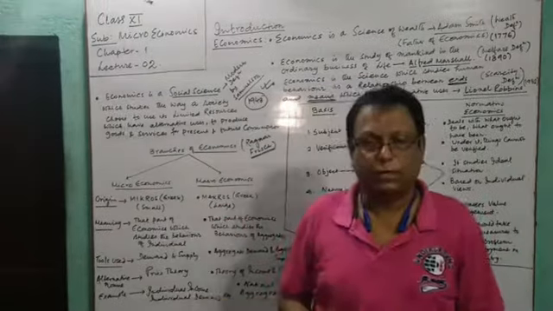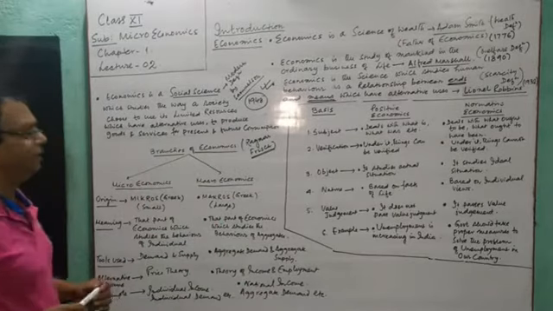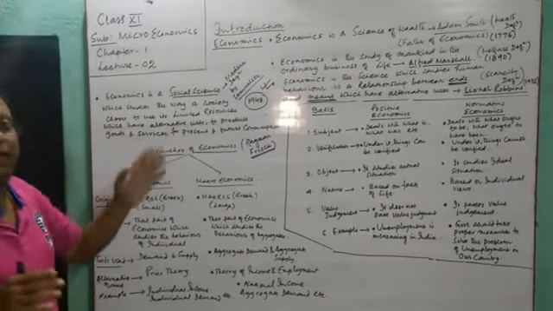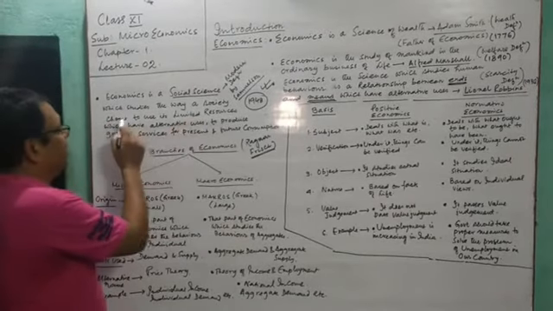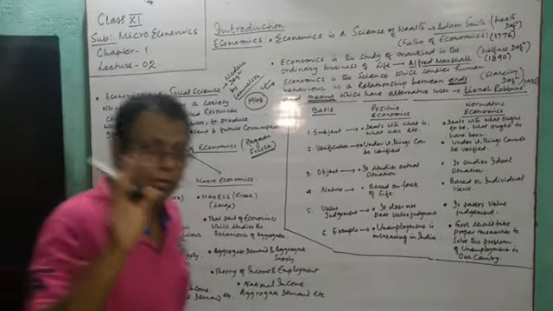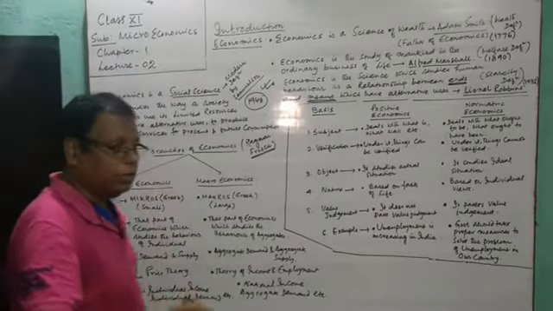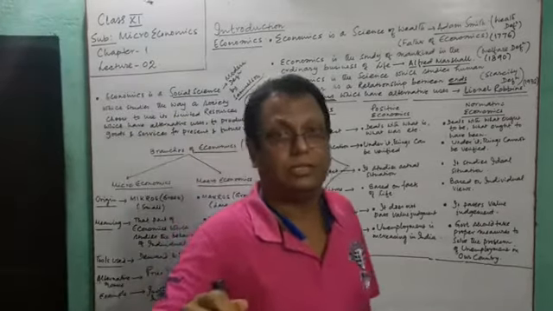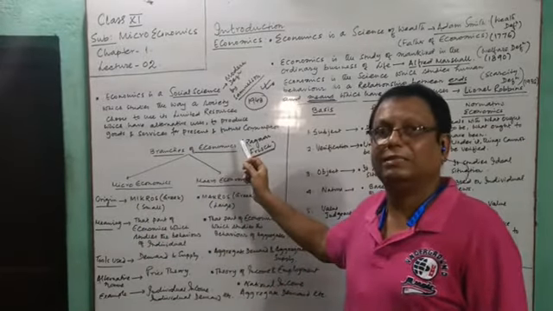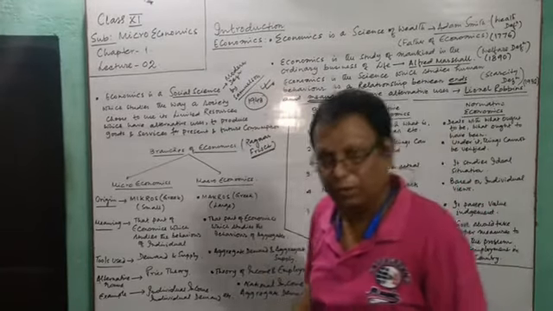Therefore, dear students, Samuelson said that economics is a social science which studies the way a society is choosing and using its limited resources which have got alternative uses in order to produce goods and services to meet the present consumption as well as the future consumption. This is known as the modern definition of economics.